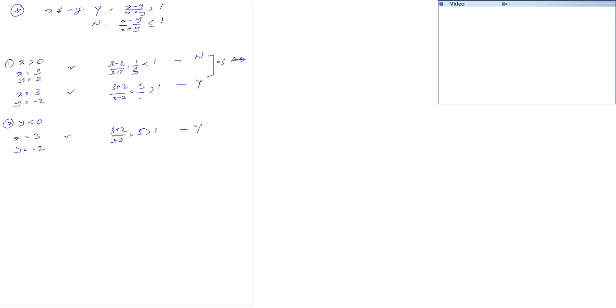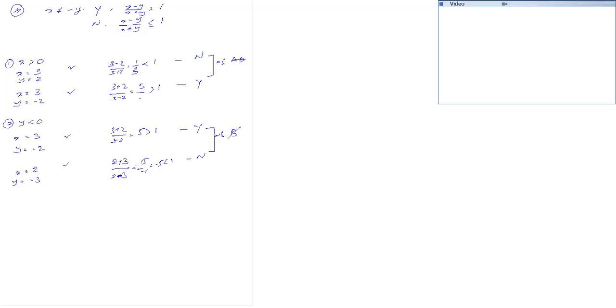I'll put x equal to 2 and y equal to minus 3. Make sense? Yeah. (2 minus of minus 3) is 2 plus 3, which is 5, and the denominator is 2 minus 3. So I get 5 by minus 1, which is minus 5, less than 1, so I get a no. So not sufficient, so B is also gone.